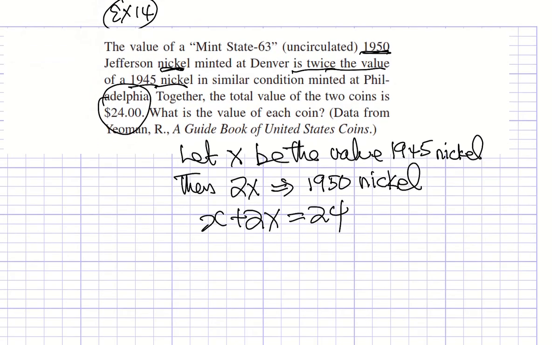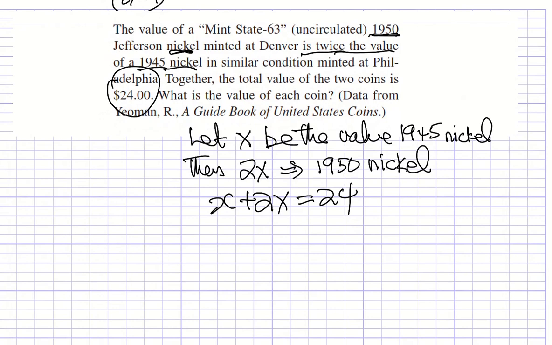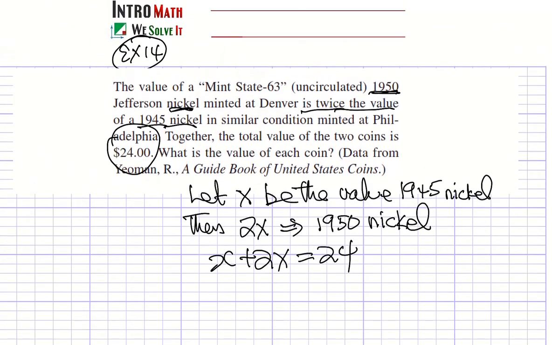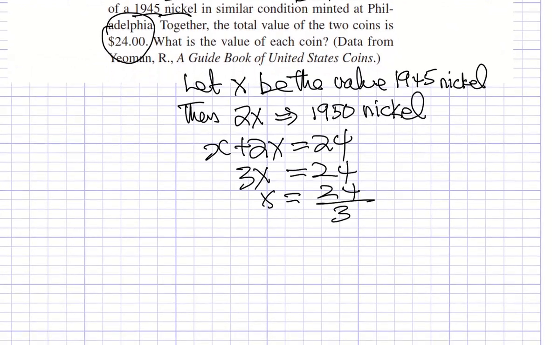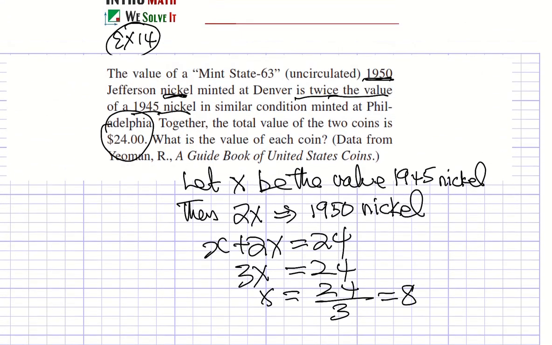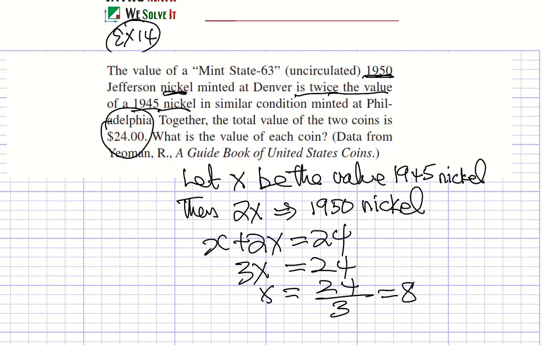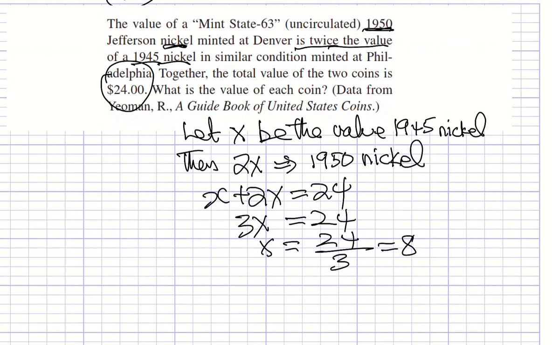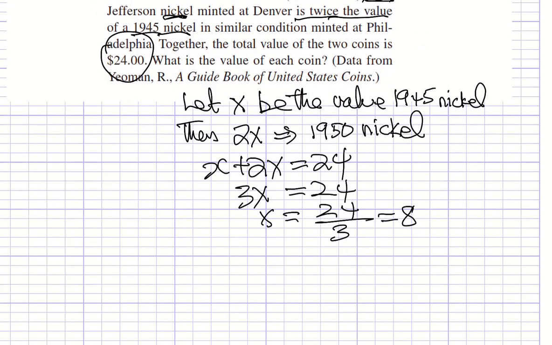Let's solve this. You combine the left side, what do you get? You get 3x equals 24, right? You get rid of 3 by dividing. You say x equals 24 divided by 3. So that should be 8, because 8 times 3 is 24. So the value of the 1945 nickel is $8, right?